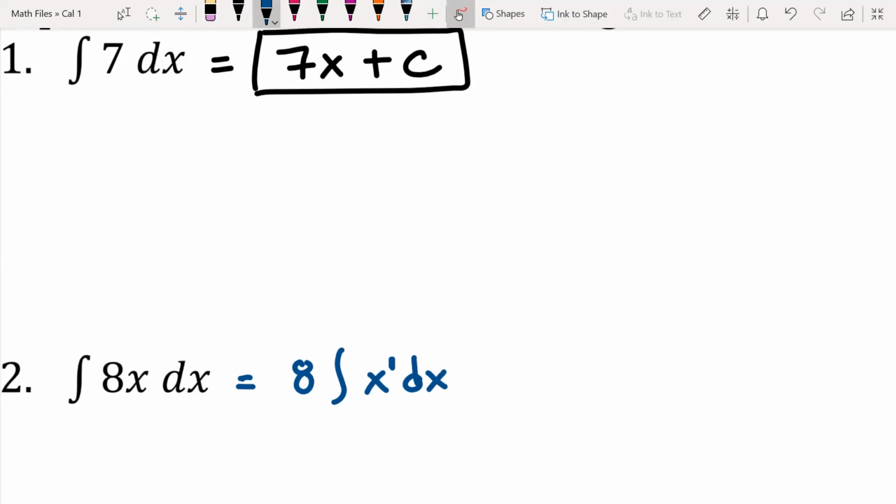So when we find the antiderivative, this 8 will stay outside. I'll put brackets to be neat. And when you use the power rule, it's going to be x to the 1 plus 1 over the same exact thing, 1 plus 1.